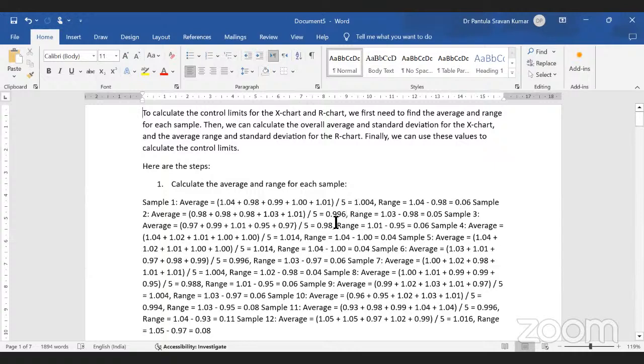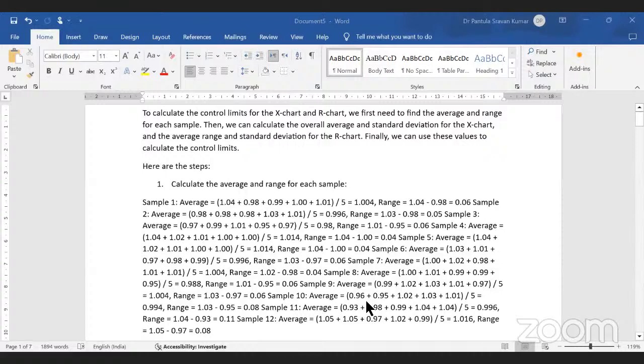Yes, sir. Okay. Now here, the same control chart, X bar, R bar, need the average. Same step, calculation of average range. So 1.04 divided by 5 is there, right? We'll see the range is like 1.04. Okay.